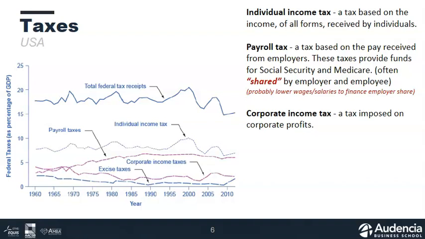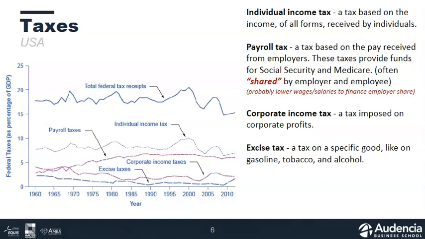So income less expenses. The excise tax, sometimes called a sin tax in some countries, is a tax on specific goods like gasoline, tobacco, and alcohol. And in France, for example, we have specific excise taxes on energy products. We also have taxes on alcohol. We have taxes on tobacco.